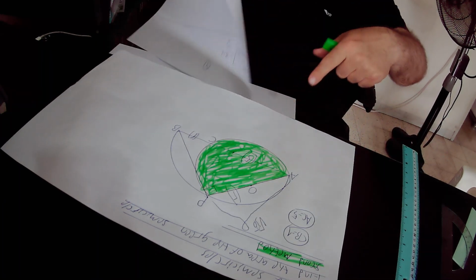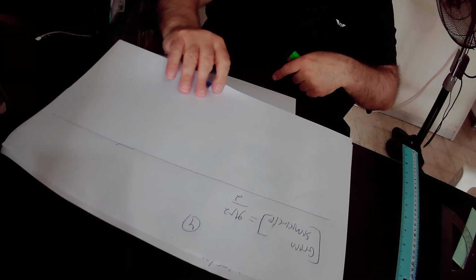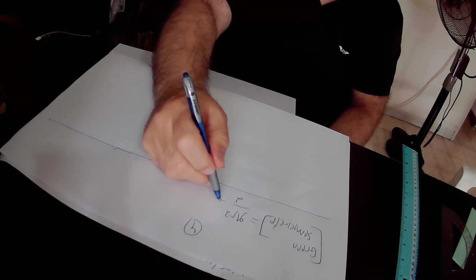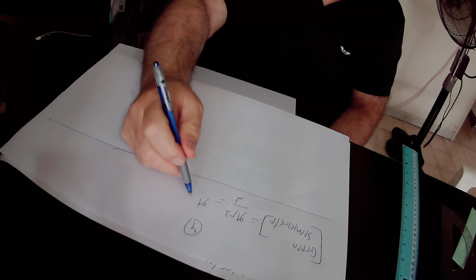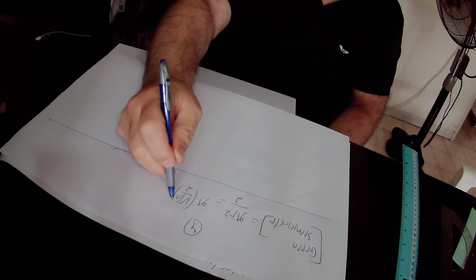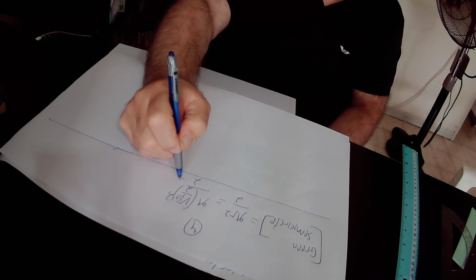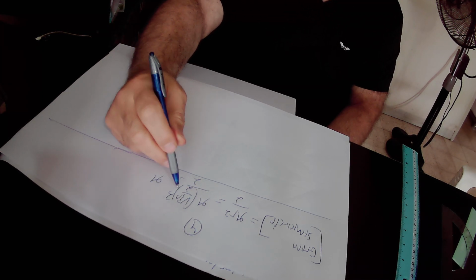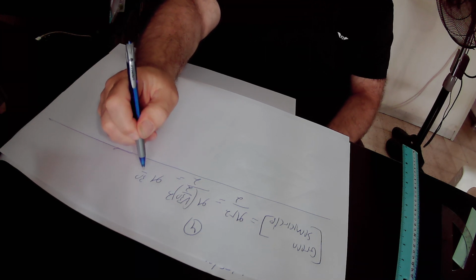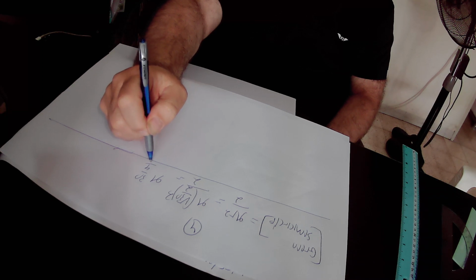The area of this green semicircle equals pi r squared over 2. So the area equals pi, and R is equal to the square root of 30 over 2, therefore it is the square root of 30 over 2 squared, divided by 2. So it is pi, we open the brackets here, the square root of 30 squared is 30, and 2 squared is 4, divided by 2.